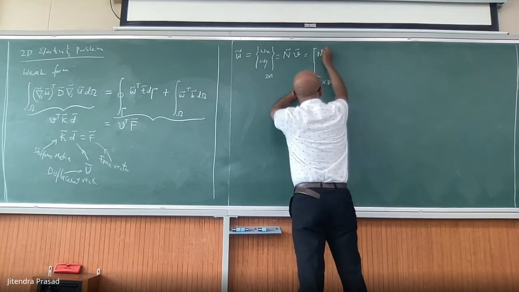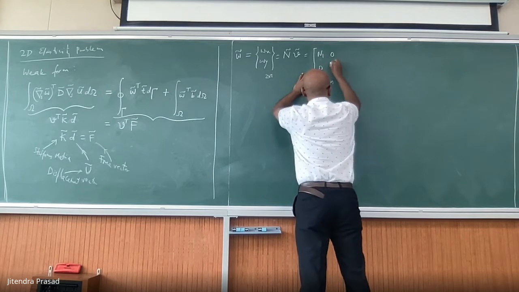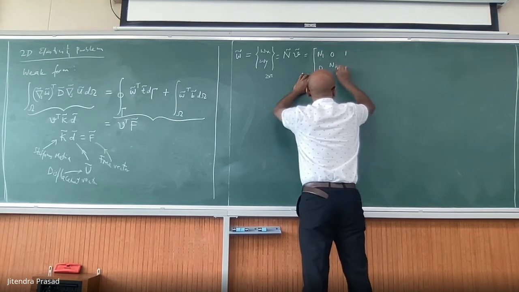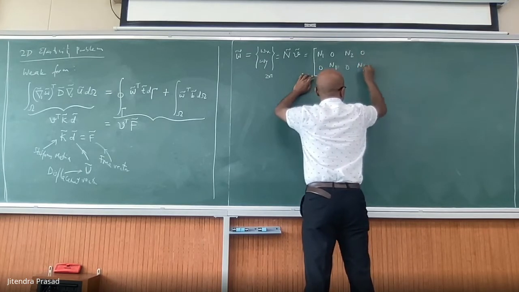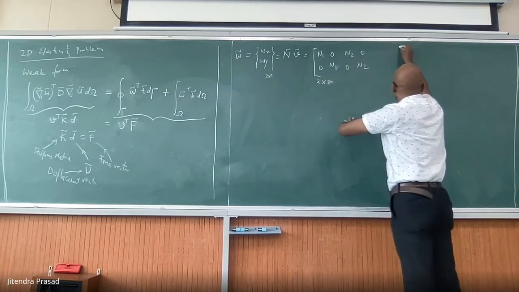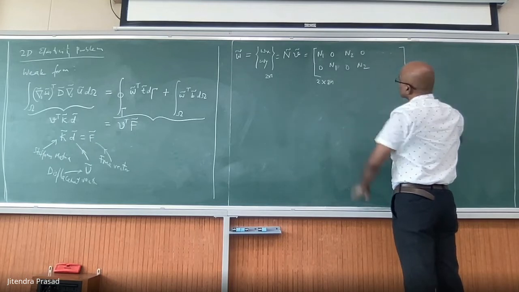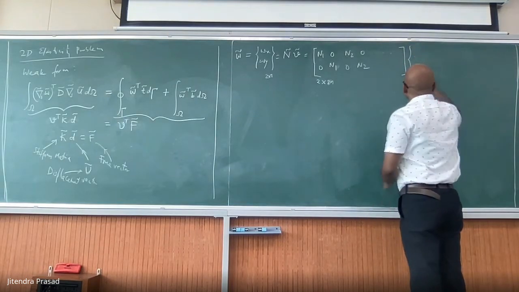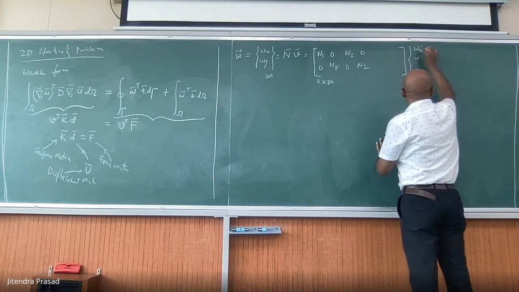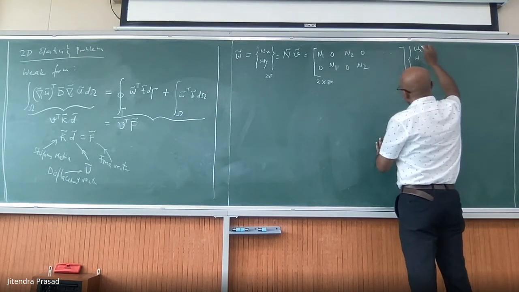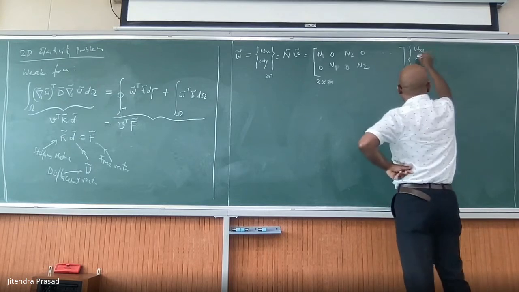So we have N1, 0, 0, N2, N1, N2, 0, 0, N2 and so on, multiplied by wx1, wy1, wx2, wy2, up to wxn, wyn. This is the weightage basically.